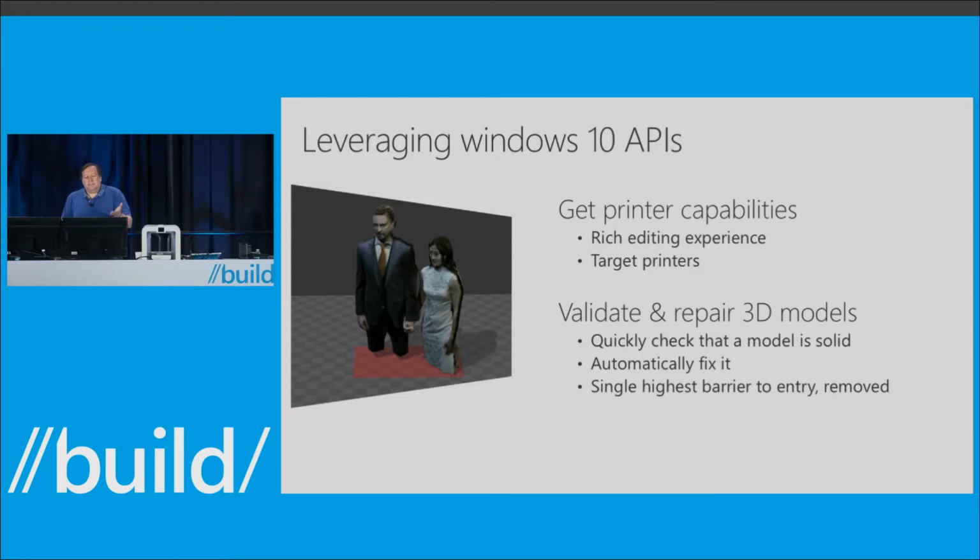So we're going to put the APIs in box to do that automatically so that you can access those APIs or you could access other APIs right there to get it fixed. And we'll automatically fix it, and we'll also send you back information about what we've changed. This is the single highest barrier removed.